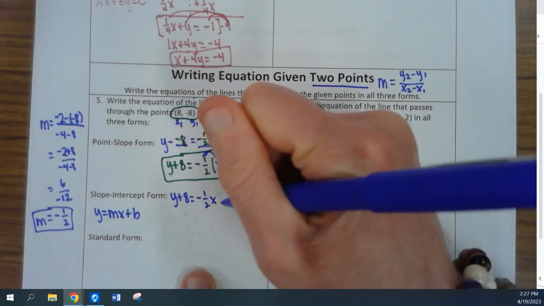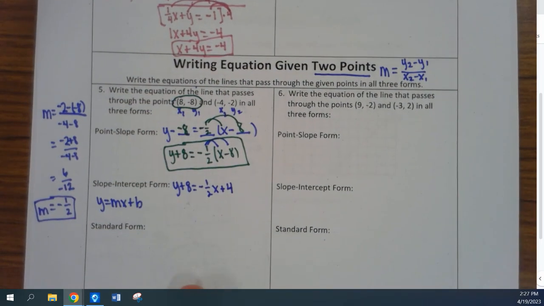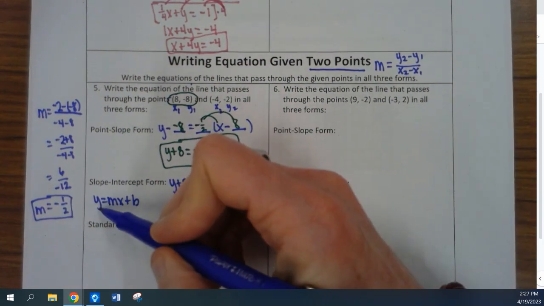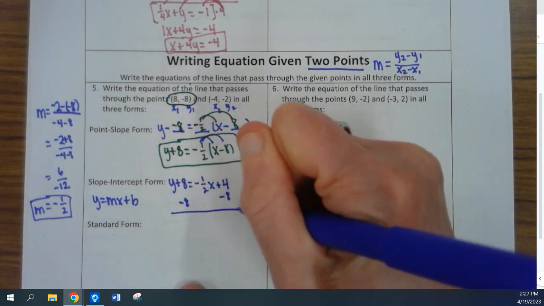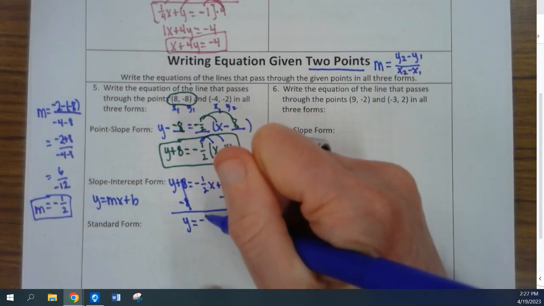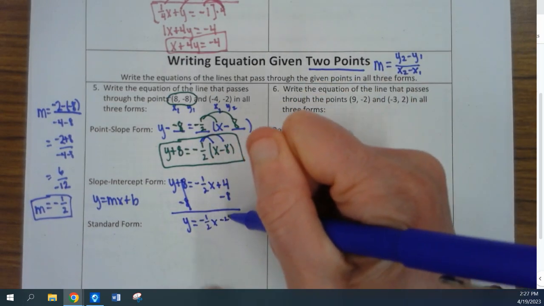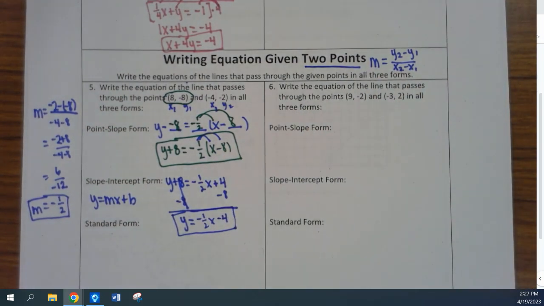And then a negative times a negative is a positive, and 1/2 of 8 is 4. And if I want the y by itself, again, I need that 0 pair. That would cancel. So I would get y equals -1/2 x minus 4. And that is what my slope intercept form for that line would look like.